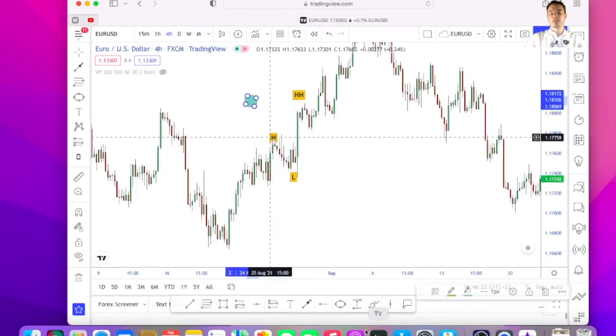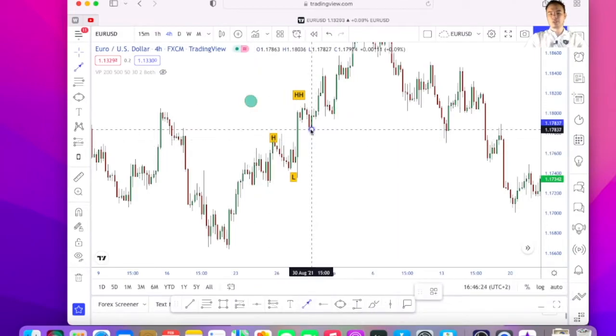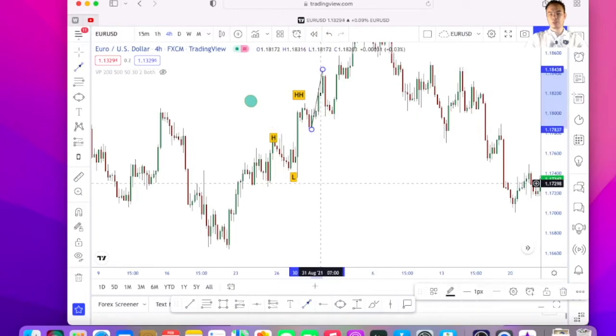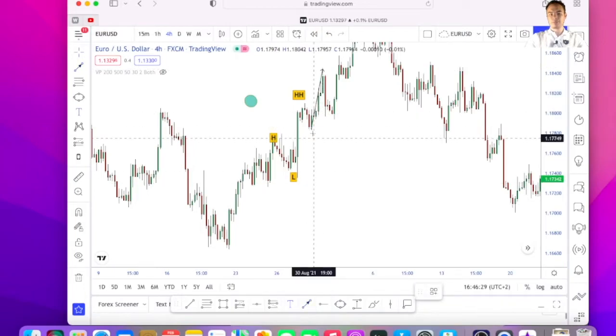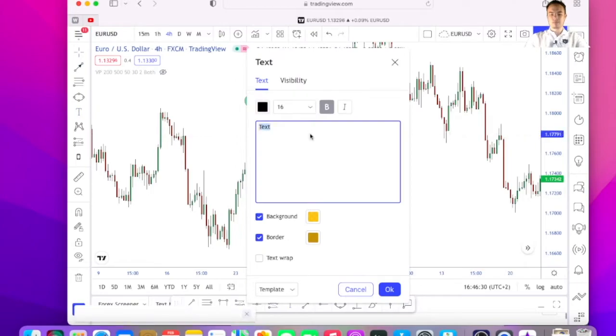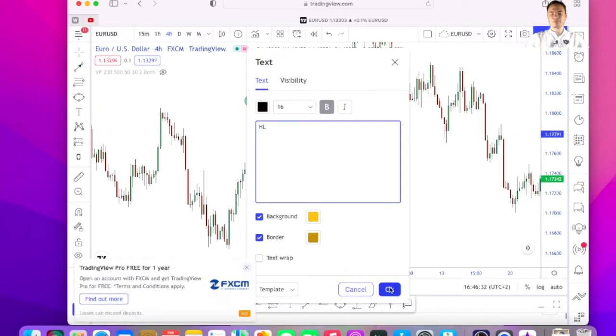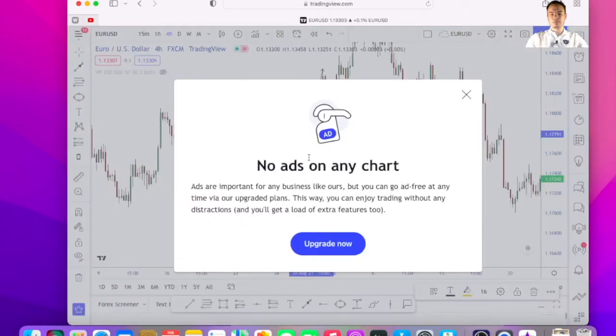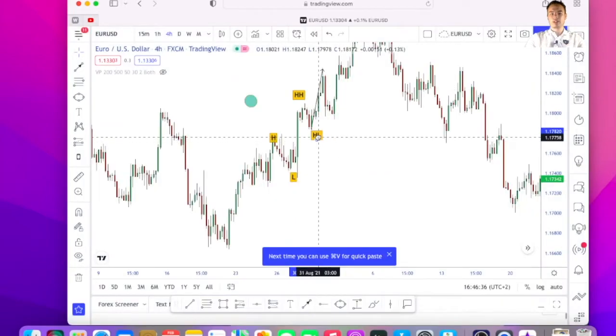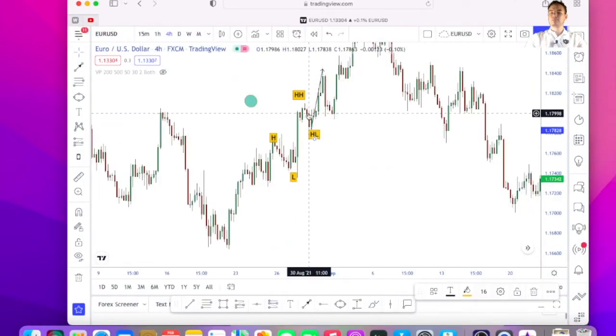Hence, higher high. So, price pushed further up from that low point. That's a higher low. Higher low. Pushed up, got rejected. We got ourselves a new higher high.